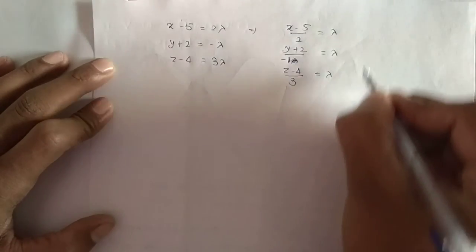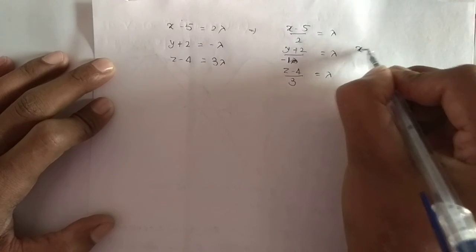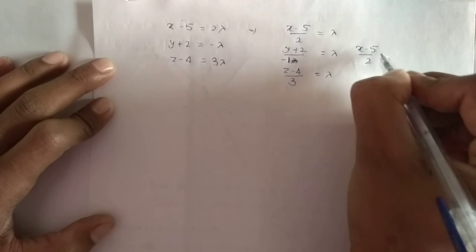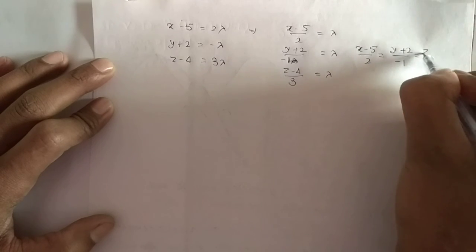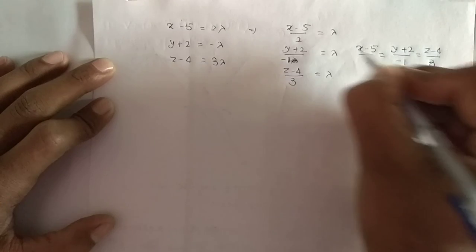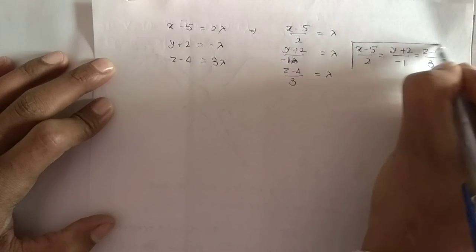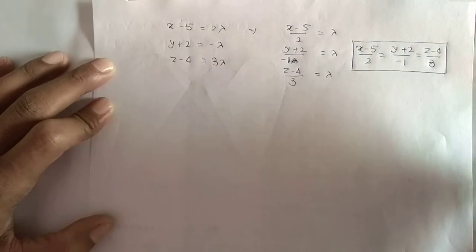So here we get (x minus 5) by 2 equals (y plus 2) by minus 1 equals (z minus 1) by minus 3. So this is the Cartesian equation of a straight line.